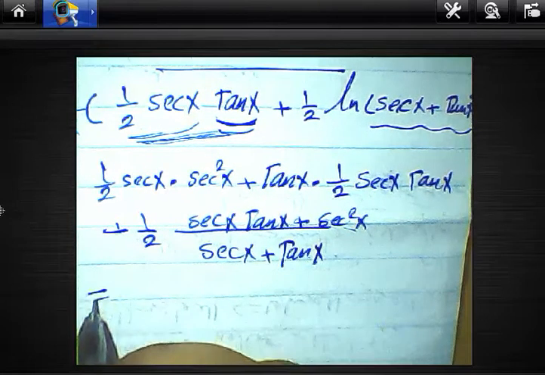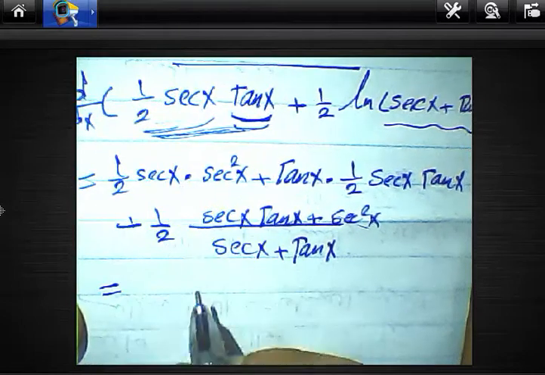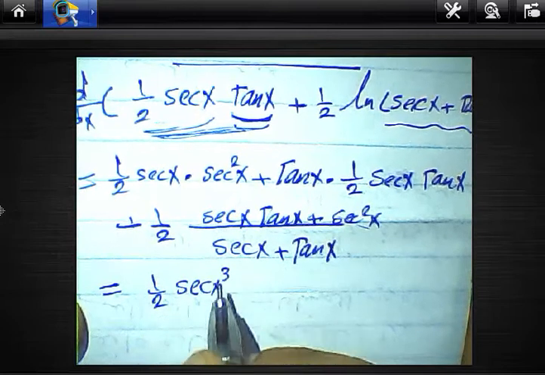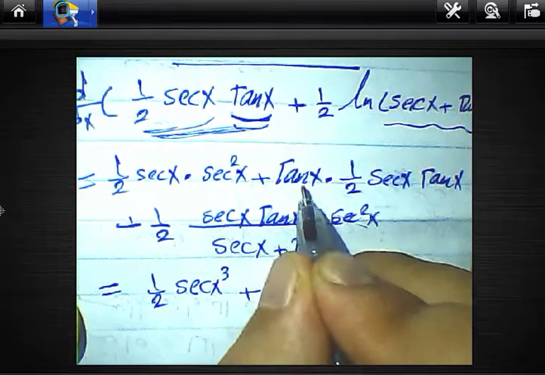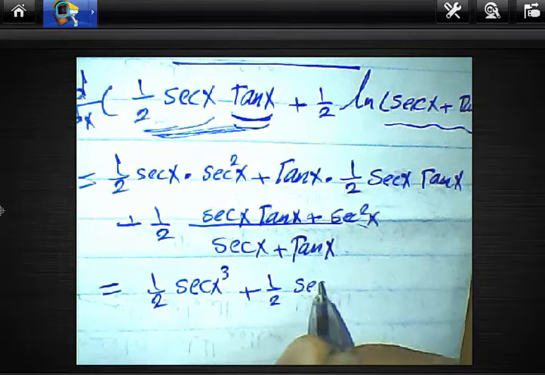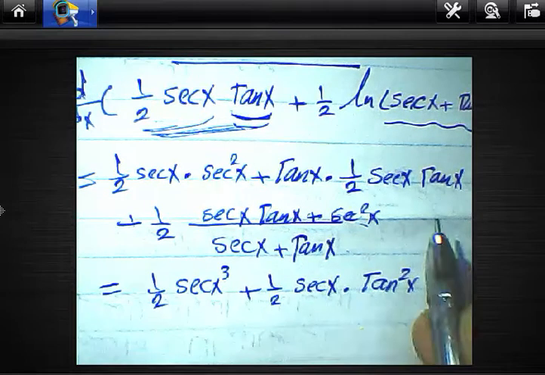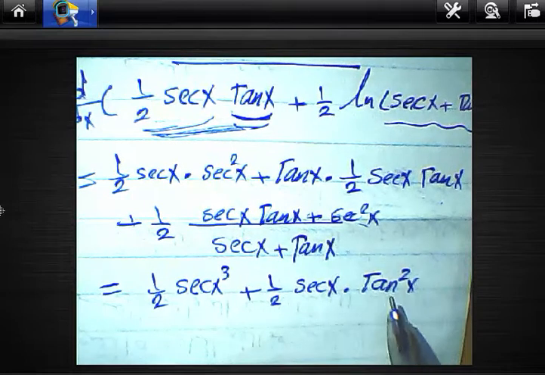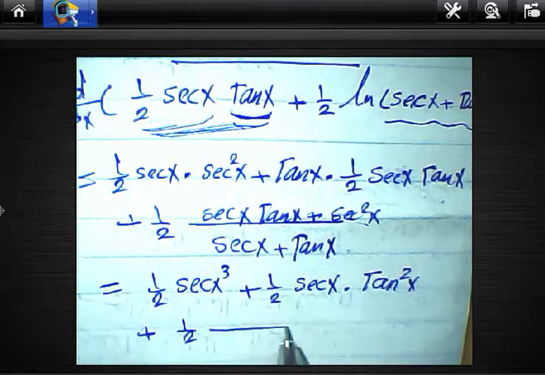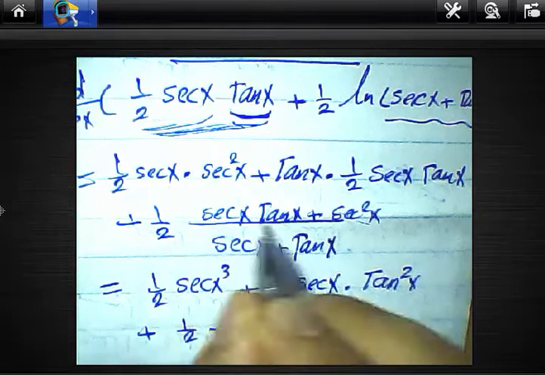So we can complete here: half sec x multiplied by sec power 2 equals half sec power 3 of x, and tan x multiplied by tan x, we can write half sec x multiplied by tan power 2 of x, because tan x multiplied by tan x equals tan power 2 of x. And here we can write half, and write sec outside as a coefficient of these two terms.